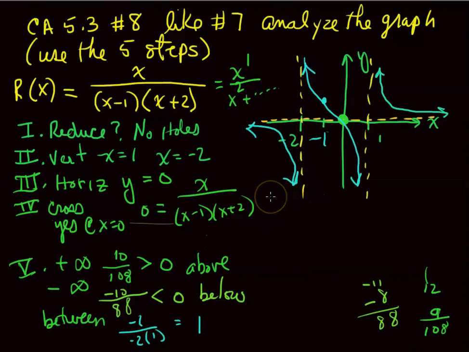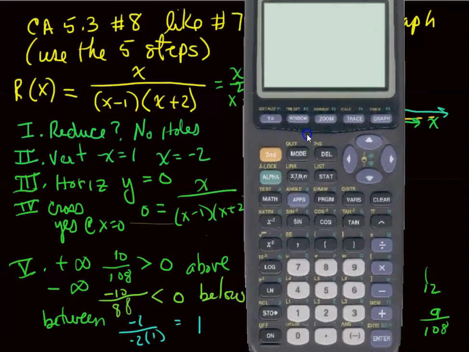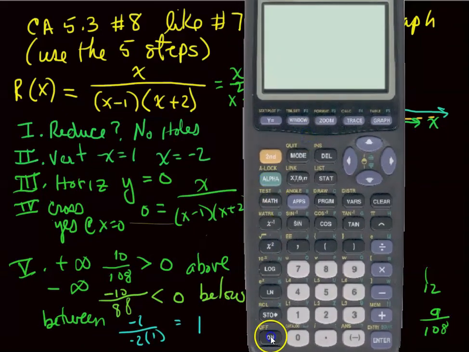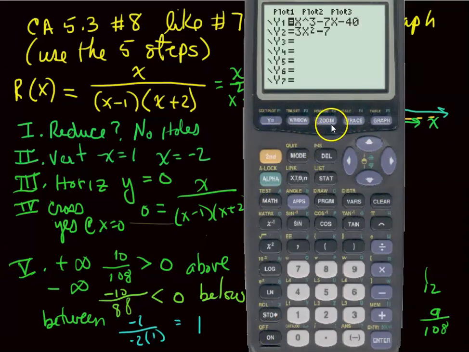Now, it's always helpful. Your calculator can give you a decent graph for this. But you are better than it is for most of this stuff. So let's see if we can, especially if you've got this older one. For y equals, let me clear out these two. And we've got x divided by, and now we got to put this in parentheses, and then each of these in parentheses, x minus 1.